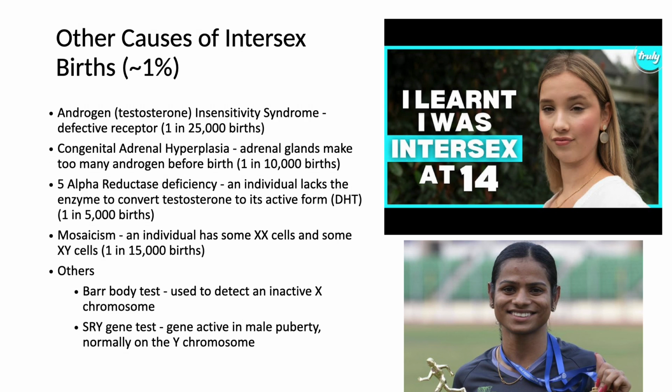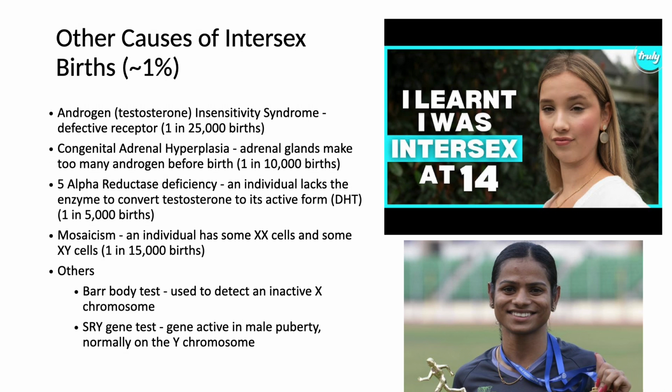This can be caused by androgen insensitivity syndrome, where you have a defective testosterone receptor. And so when testosterone is secreted during early development to result in the formation of male sex organs, the cells don't get the response. And so you form normal female anatomy, except no ovaries. This is something like 1 in 25,000 births.